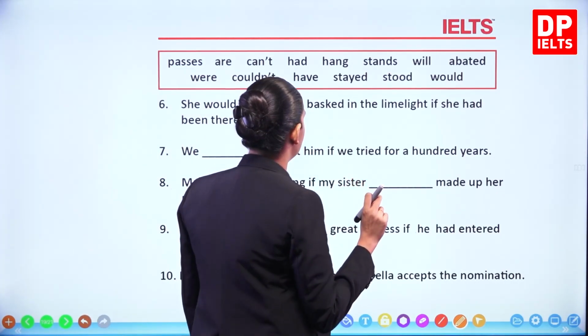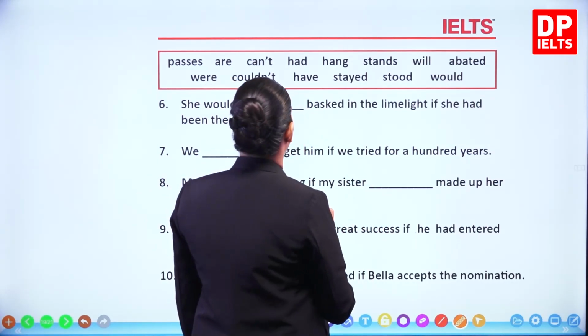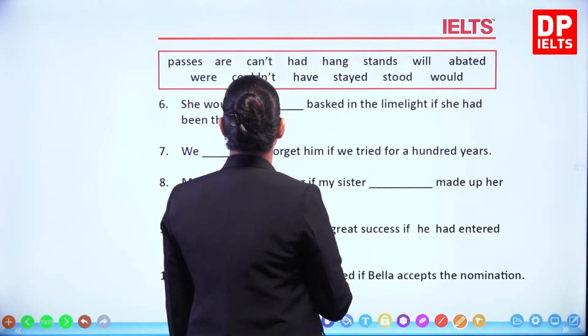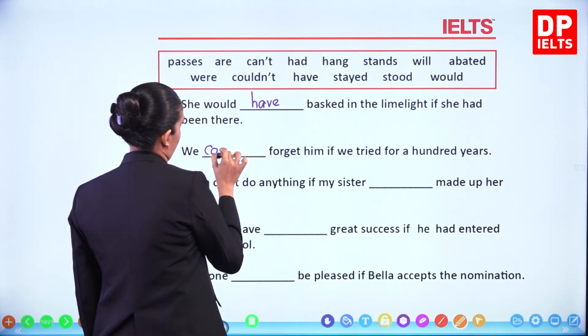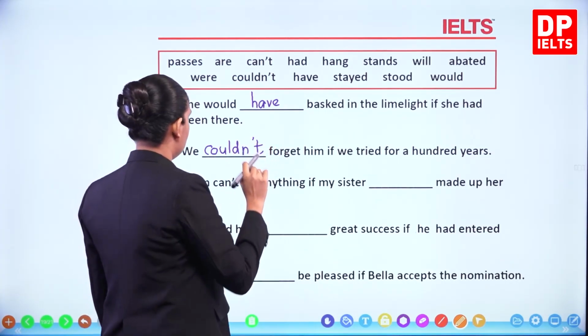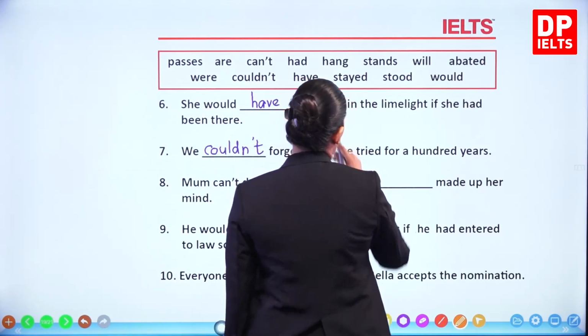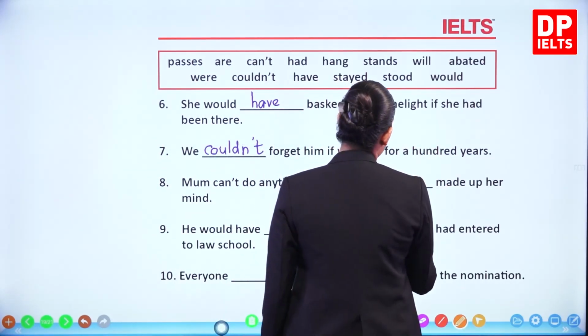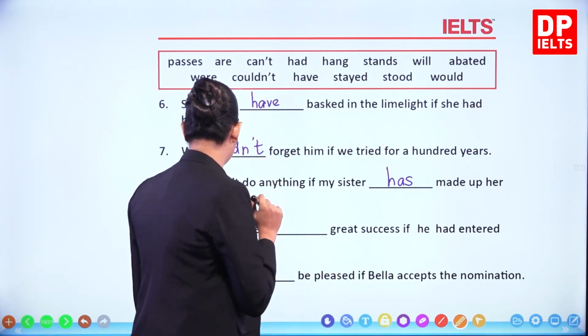We couldn't forget him if we tried for 100 years. Mom can't do anything if my sister, we can't say have, so it needs to be changed, has made up her mind.